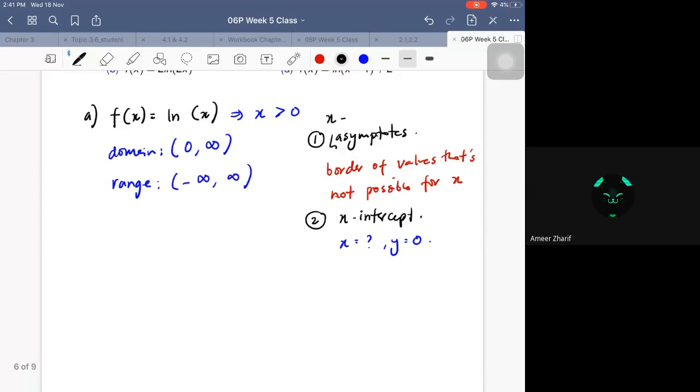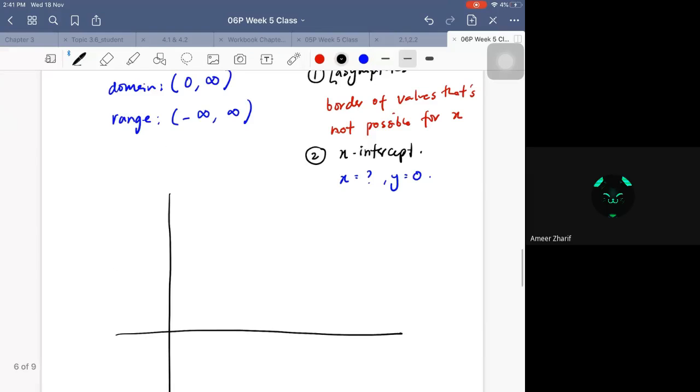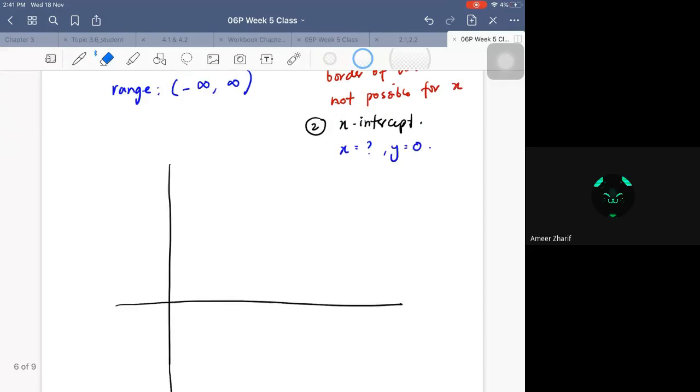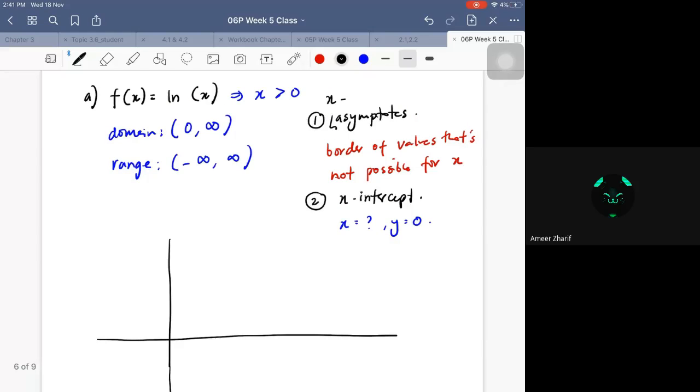So now let's start sketching. Let's suppose this is going to be my axis. I don't need it to be down here though, so let's put it a little bit up there. Okay, let's make it here. First of all, where is going to be the border? x must be a value that is greater than 0.